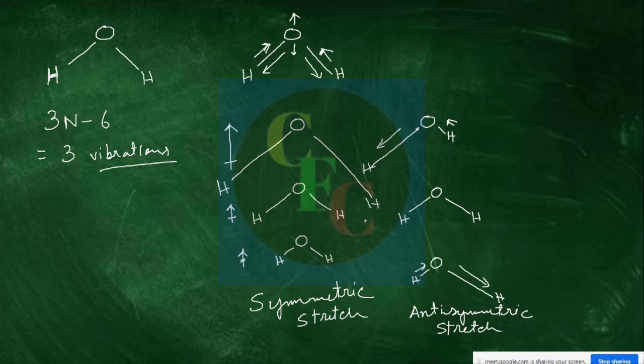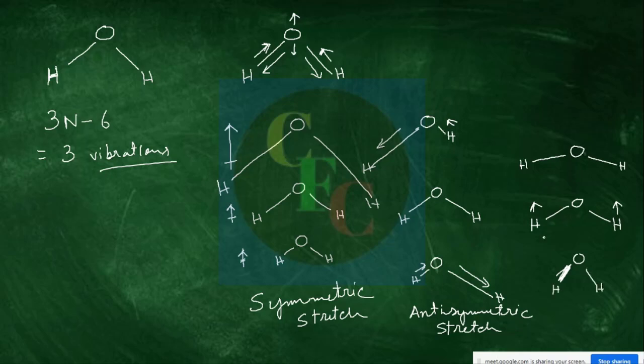Now suppose this is our equilibrium position. Another vibration is possible in the same plane. If this hydrogen moves like this, it will be a near linear molecule, and then again the bond angle is decreased.